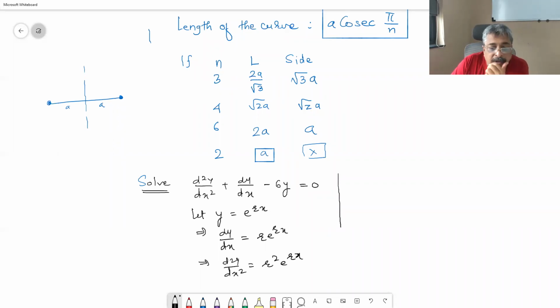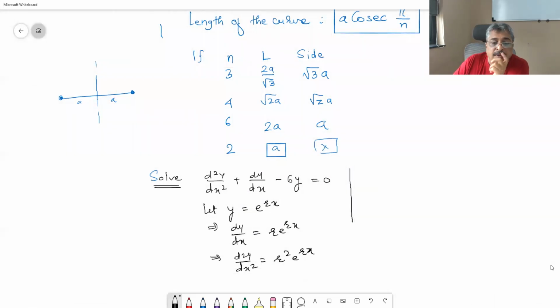Correct? And hence, if we substitute this back into our equation, we get r e raised to rx common, inside bracket r square plus r minus 6 is equal to 0. And therefore, we end up getting r is equal to 2 and r is equal to minus 3.